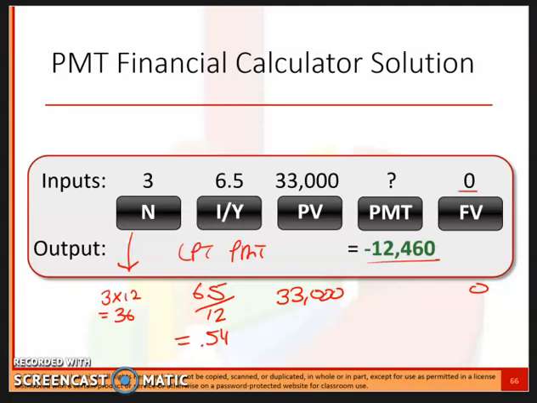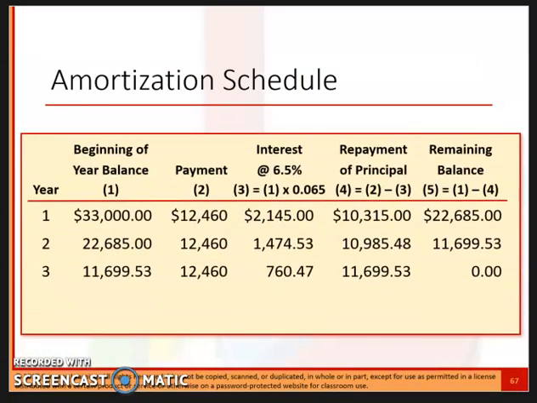So compute payment, and that would be negative $1,011.42. So a $33,000 loan at 6.5% for 3 years would be about $1,011.40 a month.